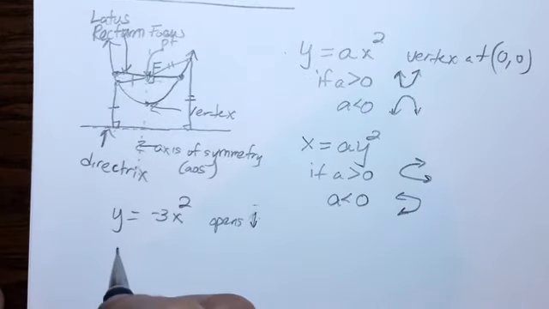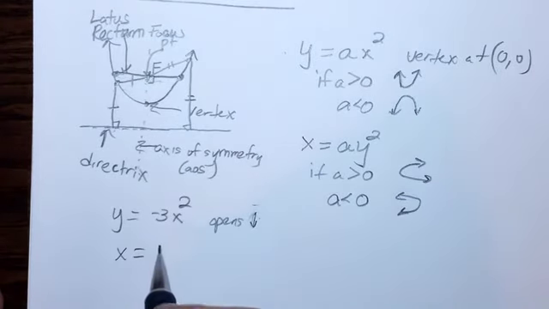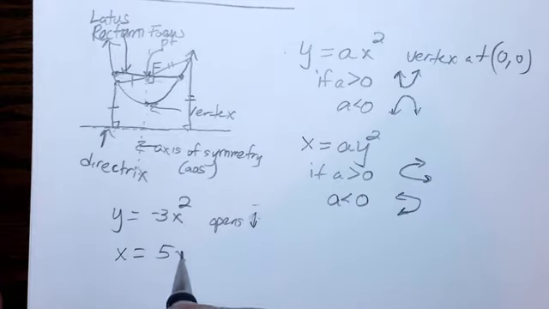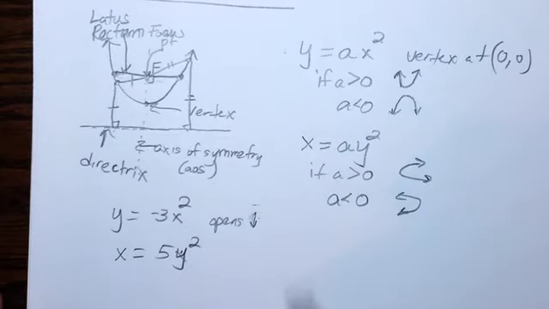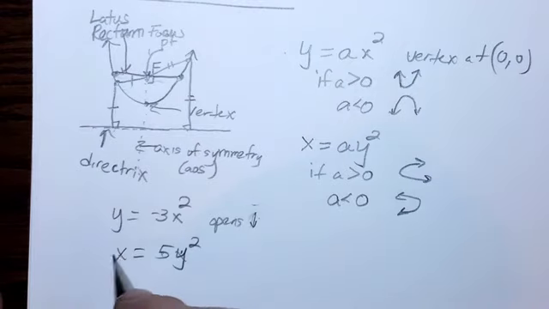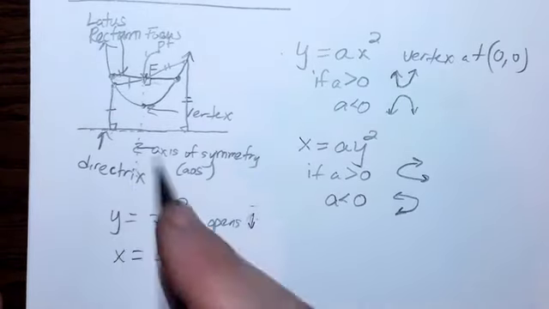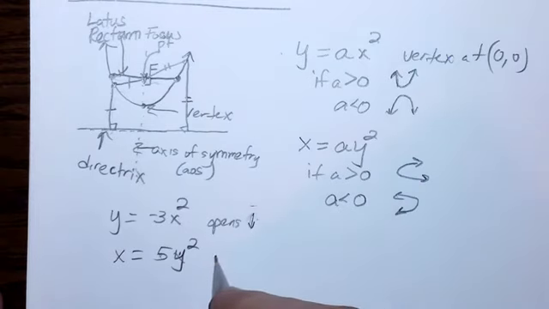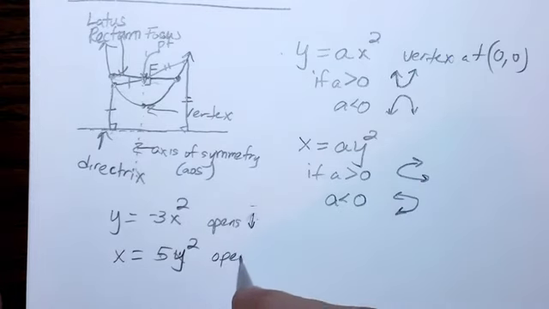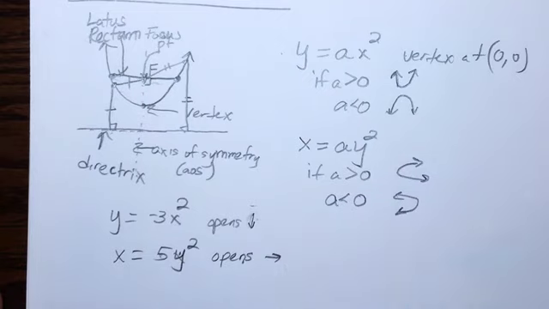So if it was x equals 5y squared, I know because this is positive, and because it's x equals, it opens in the x direction. Y equals opens in the y direction. So I know that this opens to the right.